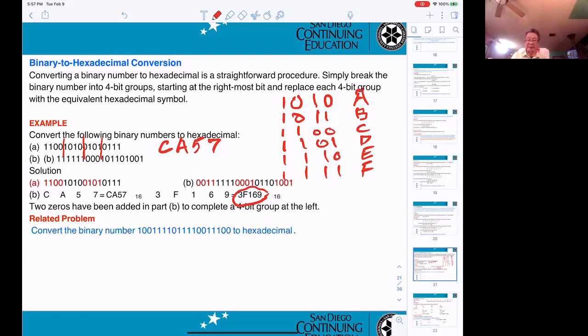Okay, who has the answer for the related problem? 4F79C. 4F79C, is that right? Does anyone agree with that?